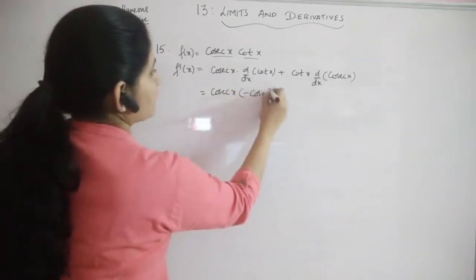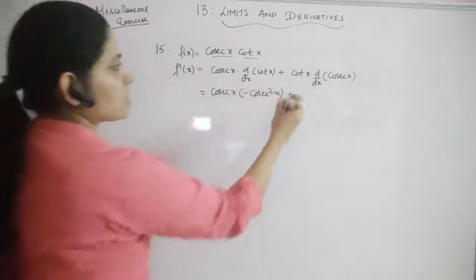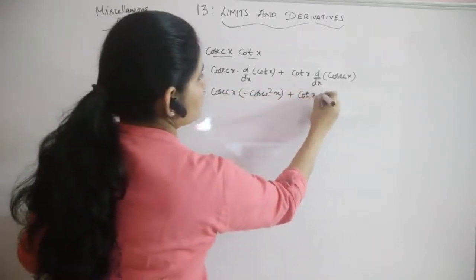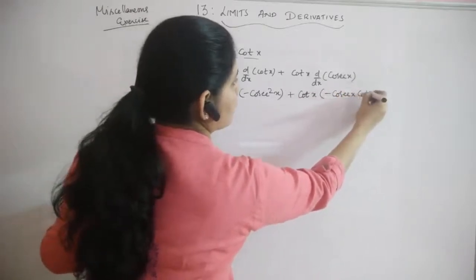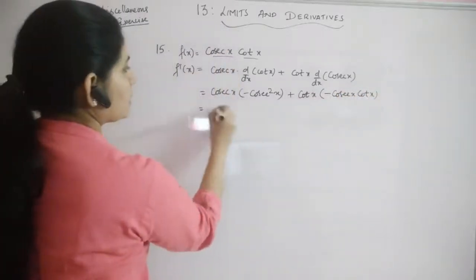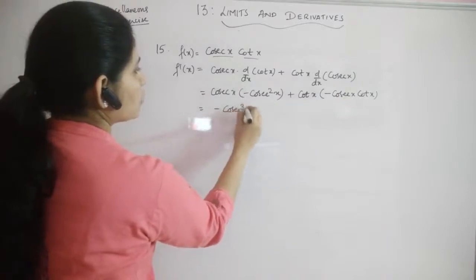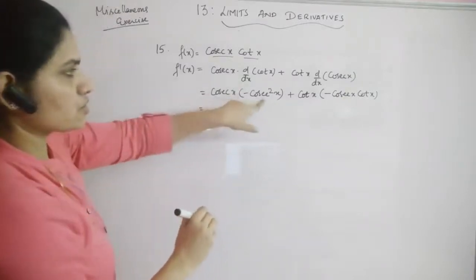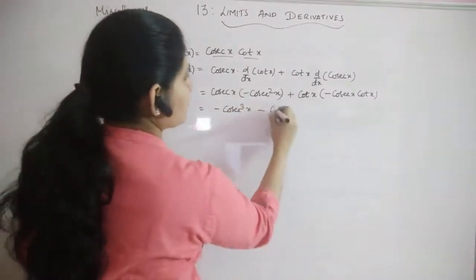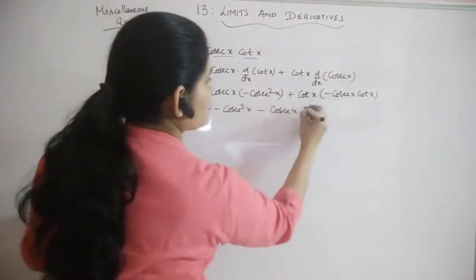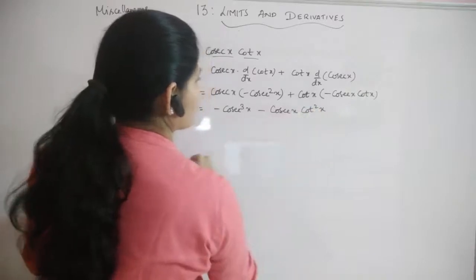Minus cosec square x, plus cot x into derivative of cosec x, which is minus cosec x cot x. So you are getting here minus cosec cube x, since cosec x into cosec square x will become cosec cube x, minus cosec x into cot square x.